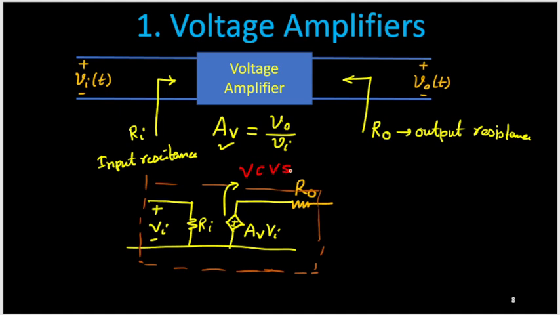Now, in this voltage amplifier, we need to apply an input voltage, a practical voltage source. So here, this is the input side. I can include one voltage source, which I will connect with one source resistance.